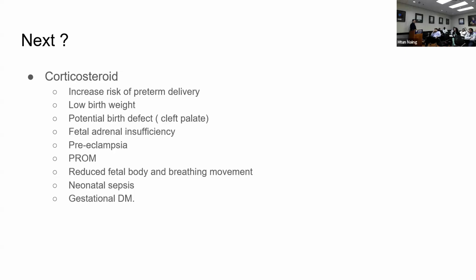And you still have to go further. I mean, you'll need to control it further, but that's good. When the OB looked at the patient, the baby was super small. At the time, do we want to give corticosteroid?